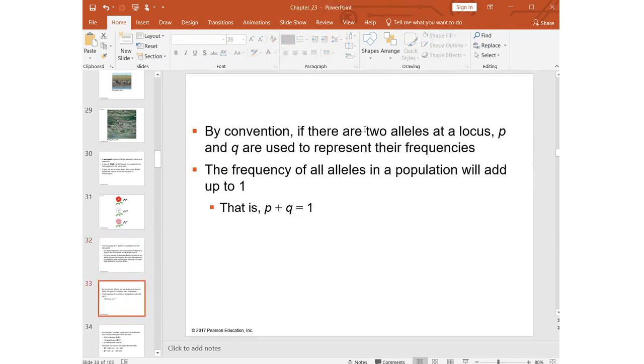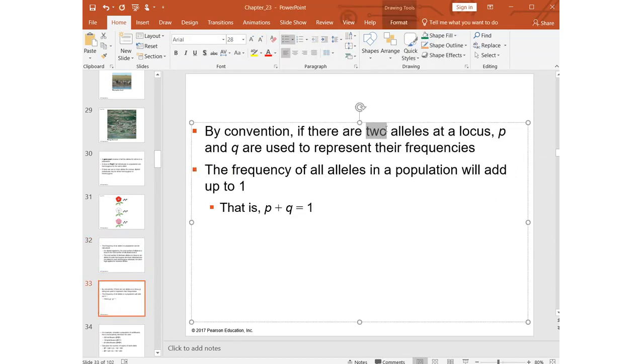Okay, so by convention, if there are 2 alleles at a locus, then p and q are used to represent the frequencies. And the frequencies of all alleles in a population will add up to 1. So basically, the frequency of allele p plus the frequency of allele q is 1.